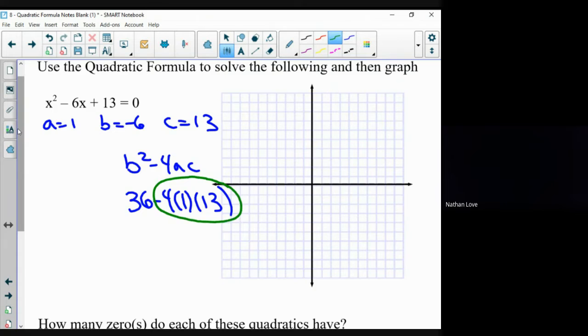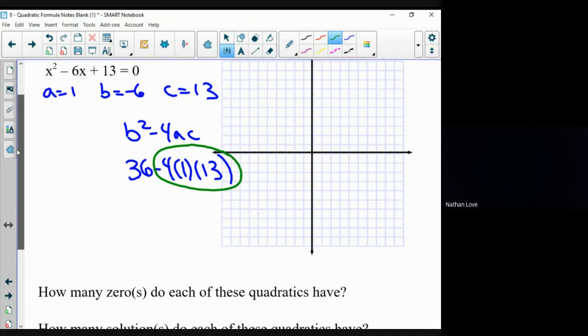Multiply. 4 times 13 is 52. And then 36 minus 52 is negative 16. All right, negative 16. Put square root.